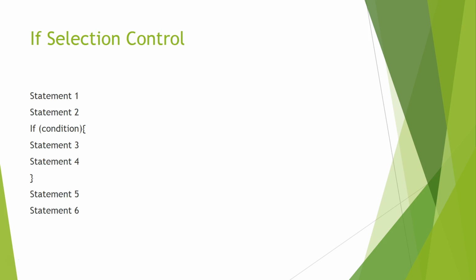In case we use if selection control, it is performed as follows. Assume that we have a program that consists of a set of statements, as we see. Those statements can be int x equals 5, or System.out.print something, and so on.